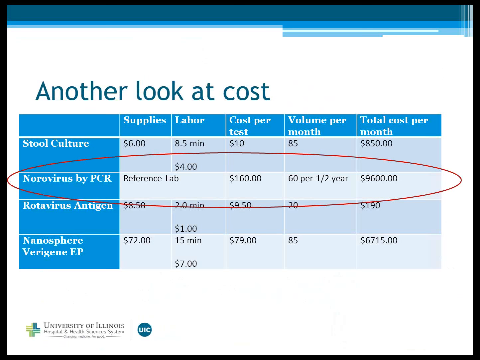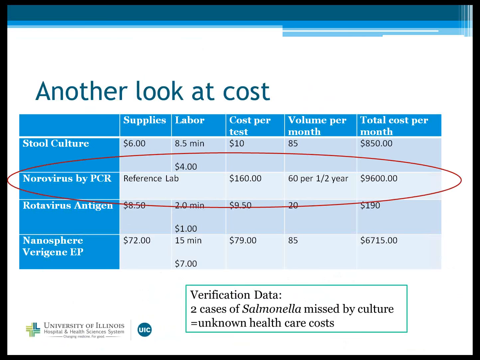These are also cost factors that are harder to measure, but go into what it actually costs to run these tests in your hospital. And then what we saw from our verification data is that we had missed 2 cases of salmonella by culture. And so the unknown costs to our healthcare system are also potentially significant.